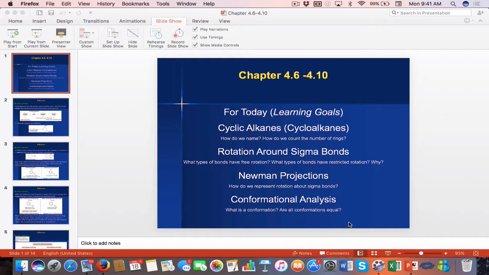What's the name? 3-methyl what? Pentane. And we want to look down this bond, right? So if my eyeball's out here, I want to look down that bond for the conformations.